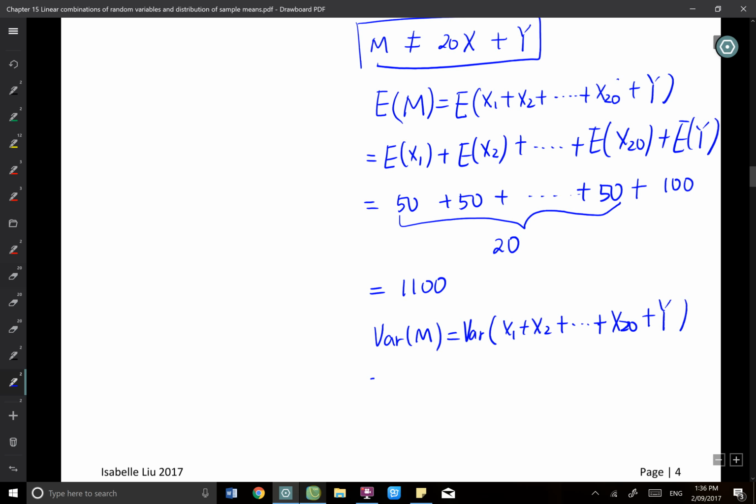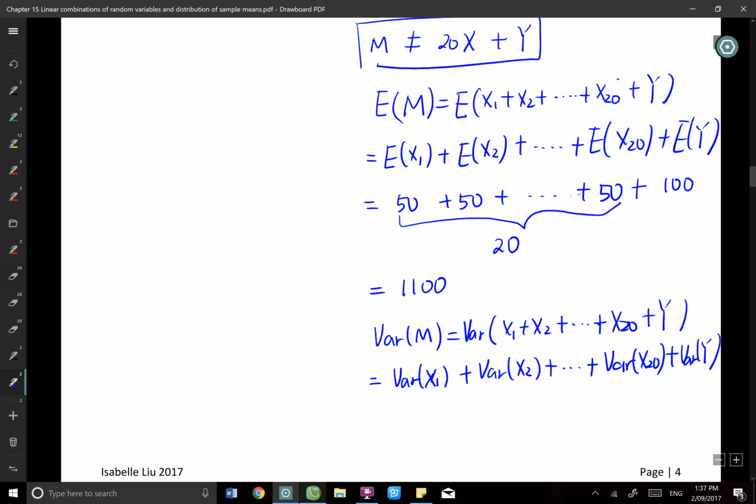Because they're all independent of each other, it's the variance of x1 plus variance of x2 plus ... plus variance of x20 plus variance of y.